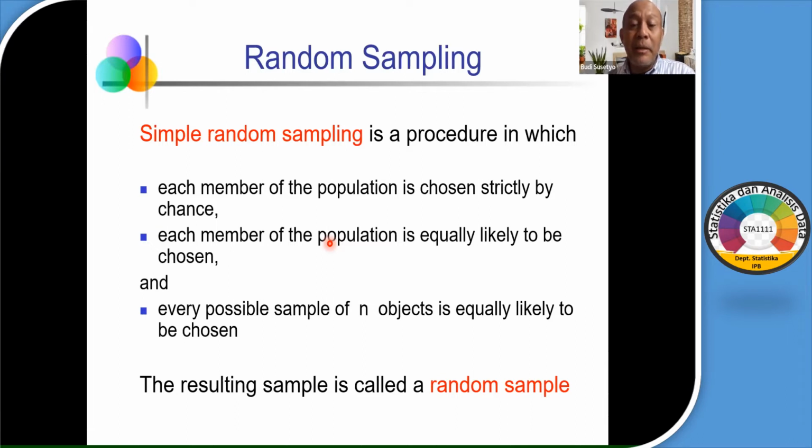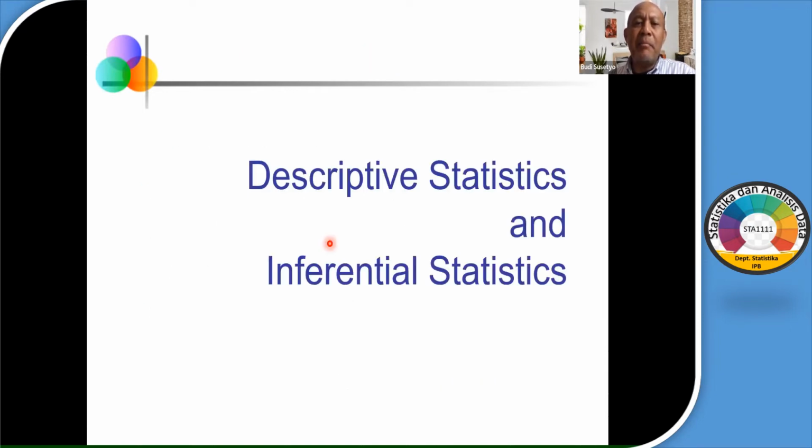Every member has probability 0.1 to be chosen. Good. So we call that random sampling, simple random sampling.